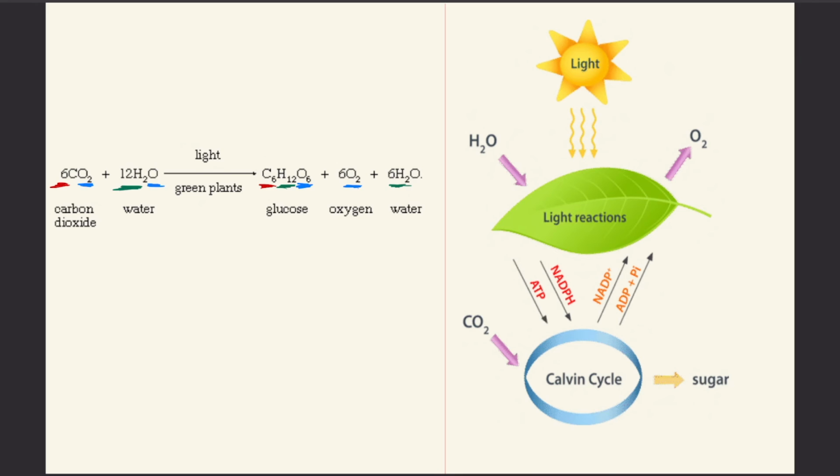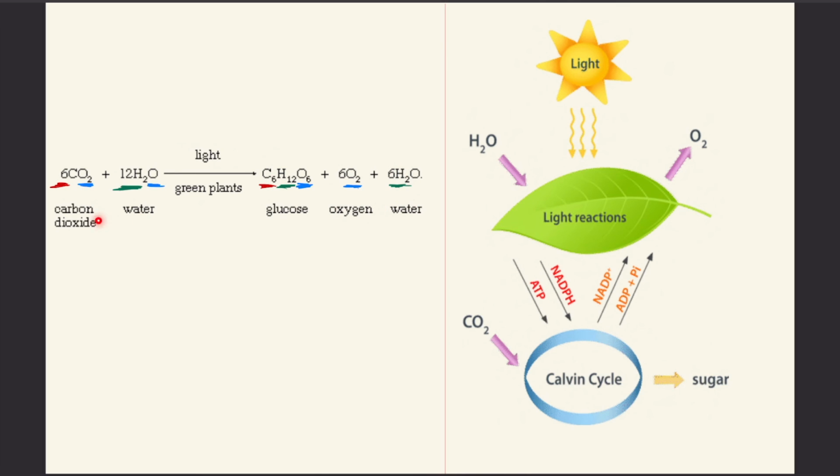And then in the equation, you can see the 6 carbons from the 6 carbon dioxide. You can see that up here in the glucose. Then you have the 12 oxygen from carbon dioxide and 12 oxygen from water. So there's 6 oxygen right there, 12 oxygen right there, and another 6 right there. So that amounts to 24 oxygen total. And then you have the 24 hydrogens, 12 times 2. You have 12 hydrogen there and 12 hydrogen there.